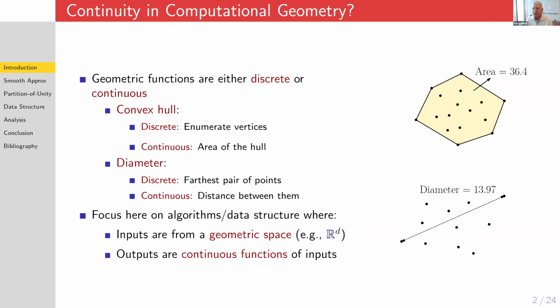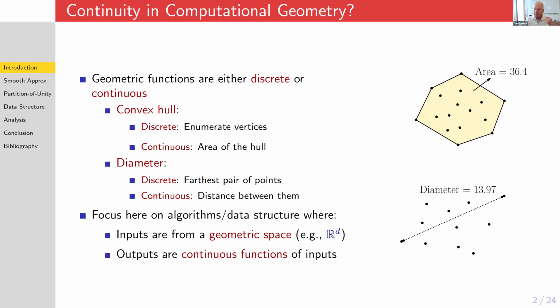And the focus of this talk is going to be on basically algorithms and data structures where the input is going to be from some geometric space, d-dimensional space as usual, and the outputs are going to be continuous quantities.